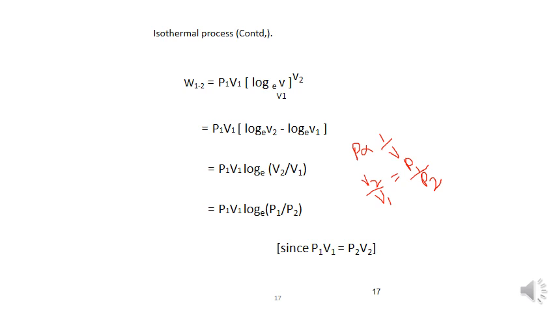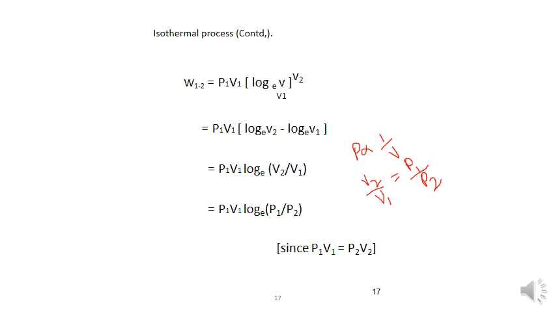P1 and V1 are constants, so I bring them outside the integral, and the remaining is the integral of 1 by V dV. Integration of 1 by V means log V, with the upper limit and lower limit, so substitute the limit values.